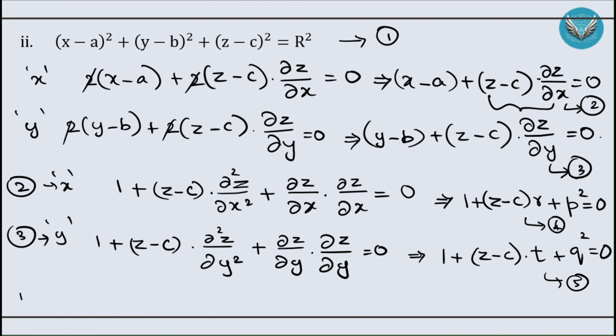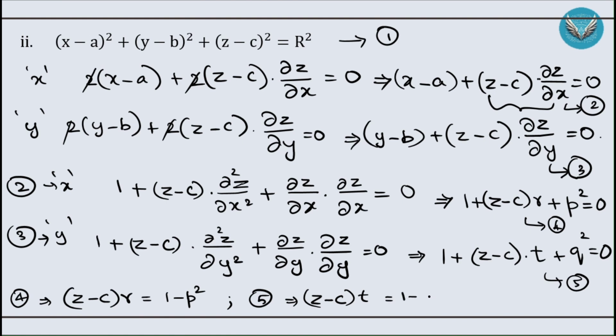So equation 4 is (z minus c) into r is equal to minus (1 plus p square). Similarly, equation 5 can be written as (z minus c) into t is equal to minus (1 plus q square).